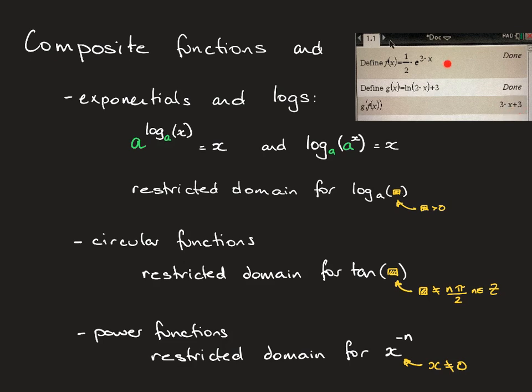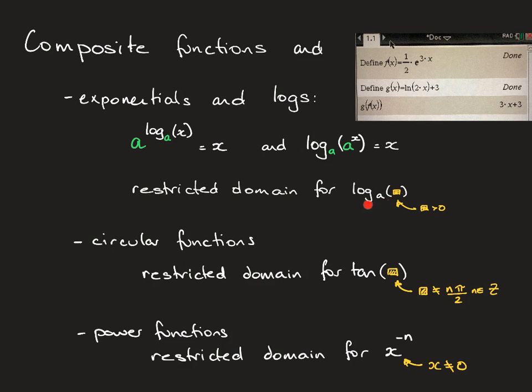So don't expect with composite functions, if you're doing it for multiple choice, for the answer to just pop out straight up. Make sure that if you're working with exponentials and logs and you're doing composite functions, watch out for the inverse relationships in there as well, if you're composing a log inside an exponential or an exponential inside a log function.